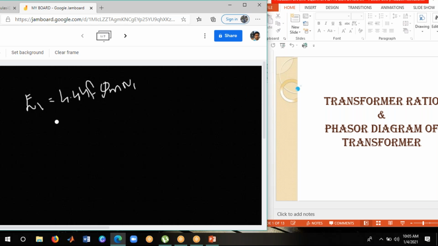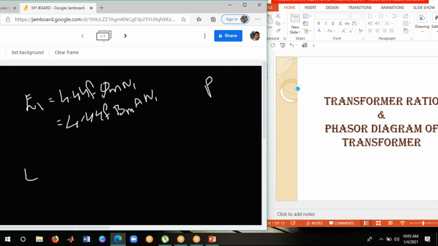Right. So you can write this equation in terms of 4.44 F Bm A into N1. So this is the representation of the EMF equation with respect to the primary, right?